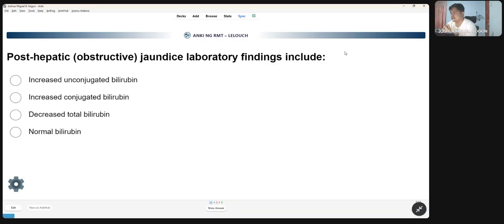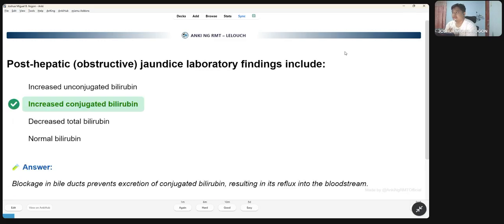Post-hepatic obstructive jaundice laboratory findings include... So it's post-hepatic. Is it increased conjugated bilirubin? Yeah. Got it. So post-hepatic is after the liver.